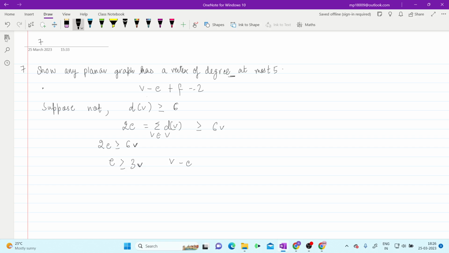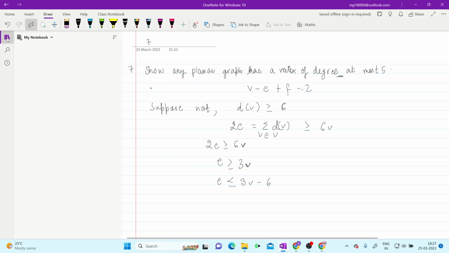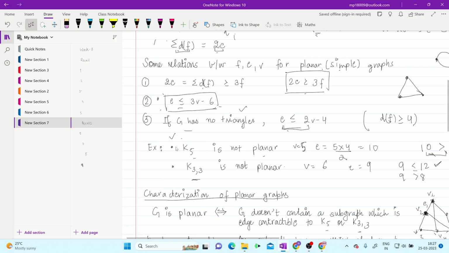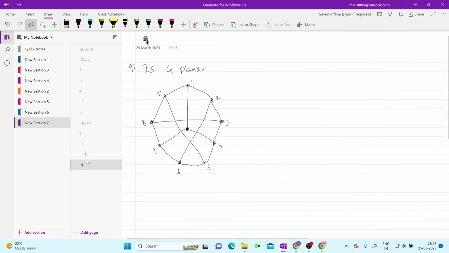So we have that E is greater than or equal to 3V, but we have already shown that E is less than or equal to 3V minus 6. This was one of the observations.